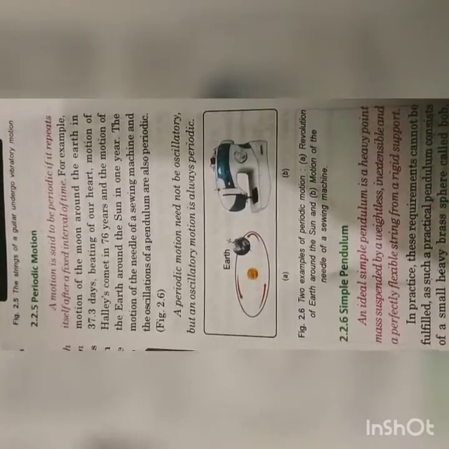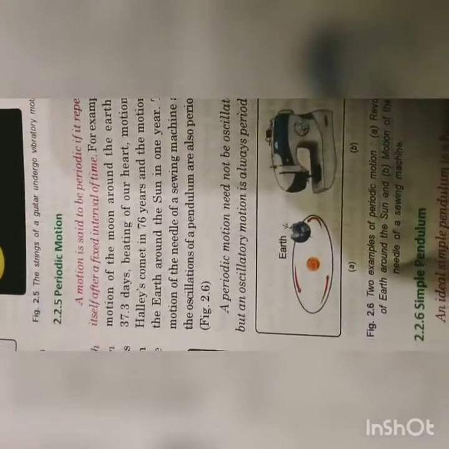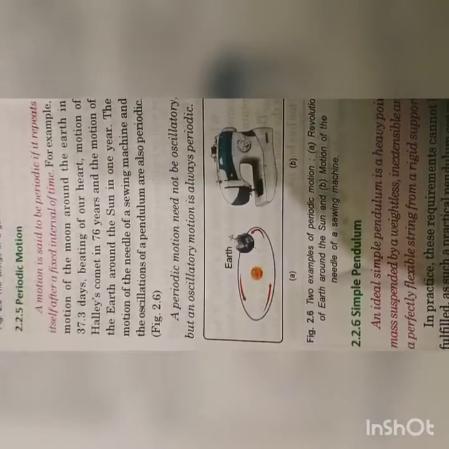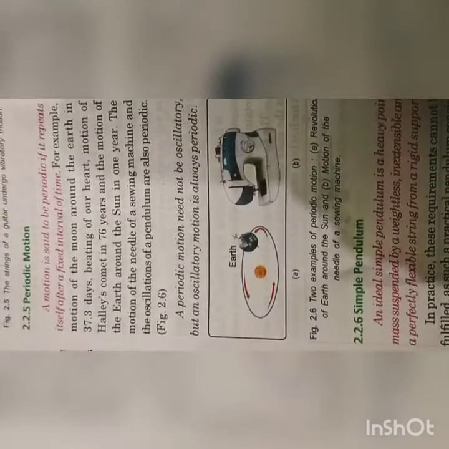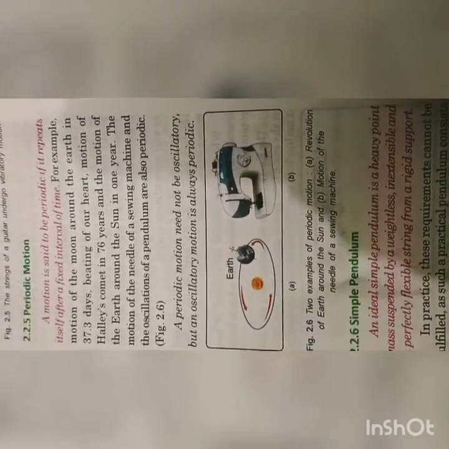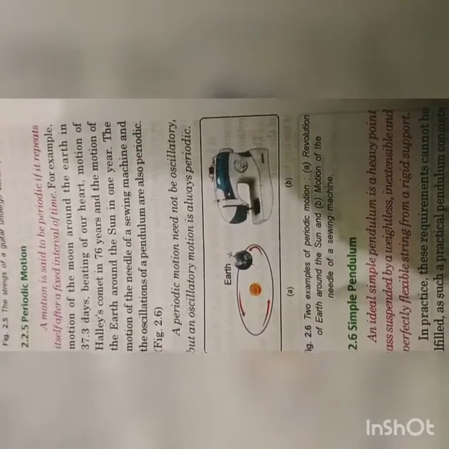That means the support also should not move, it should be strong enough, fixed, and retain its size and shape. So if you tie that heavy mass through that string to a rigid support, then that is called a pendulum.